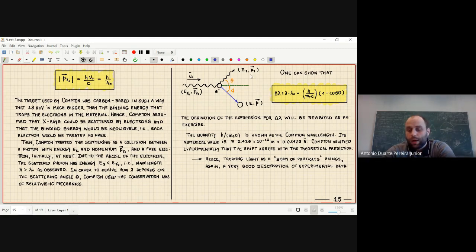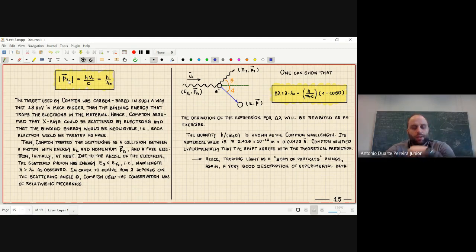And the photon now has a different value of energy and momentum because it exchanged energy and momentum with the electron. Okay? On the other hand, the electron is going down. It was deviated by an angle phi with respect to the direction of u naught. And it has a value of energy that I call E and a momentum that is the vector P. Okay? So this is essentially the sketch of what I was describing before.